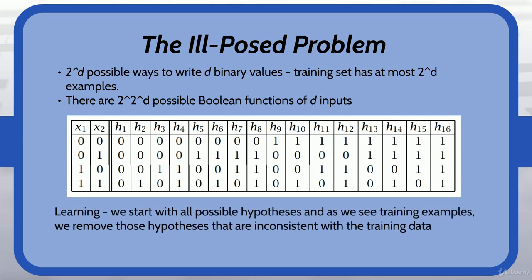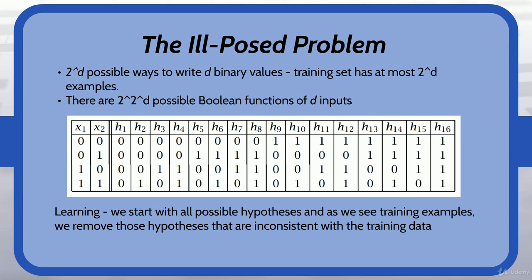So the process of learning is going to be where we start with all the possible hypotheses, the 16 you have here, and as we see training examples, we're going to remove those hypotheses that are inconsistent with the training data. So let's say we had the example point 0, 0, the first one in our chart here, and its output is supposed to be equal to 1.